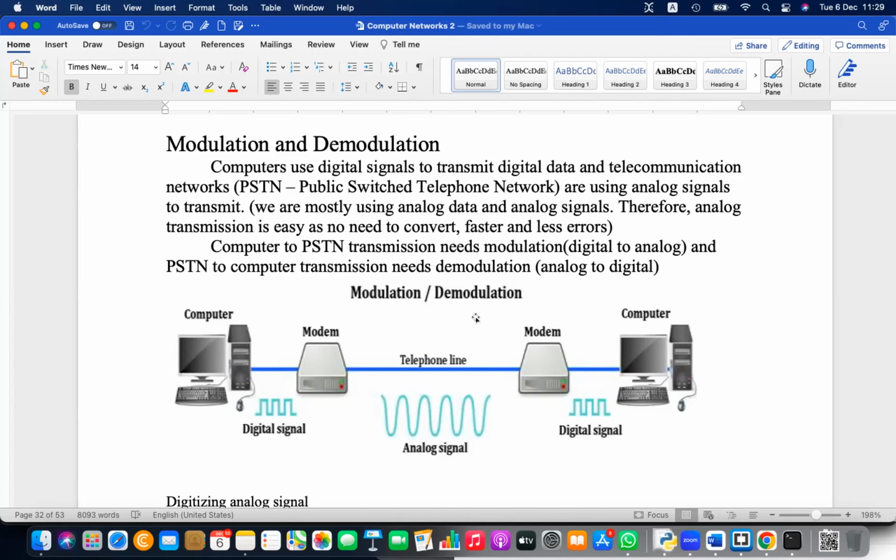If you are using a digital signal, the issue is that there is a higher tendency for the signal to get damaged. But for a short distance, yes. For a local area network, you can transmit digital signals. It doesn't matter because it's a short distance. But for a wide area network, it is a little hassle.